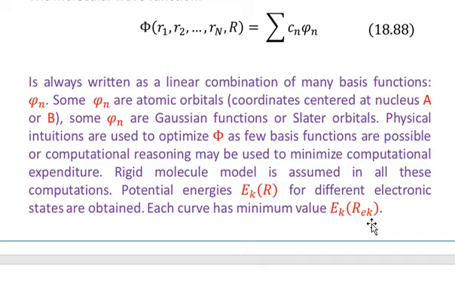So you see that here we are talking about different electronic states Ek, and we shall also be talking about the potential energies and the binding energies corresponding to the different electronic states.